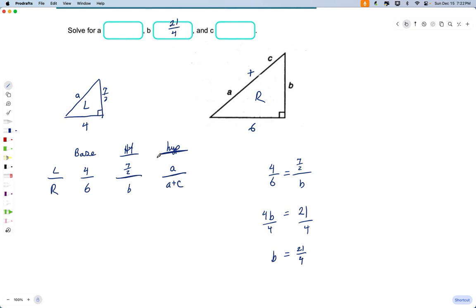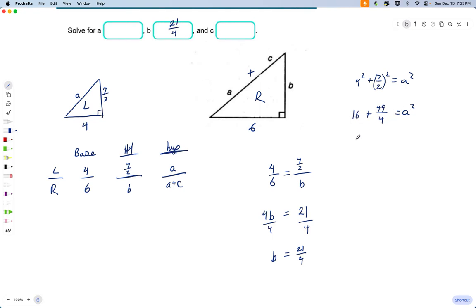Okay, now we can find A pretty easily by doing Pythagoras theorem. So 4 squared plus 7 over 2 squared is equal to A squared. So 16 plus 49 over 4 is equal to A squared. Well, we need to make this to where it has a denominator of 4.